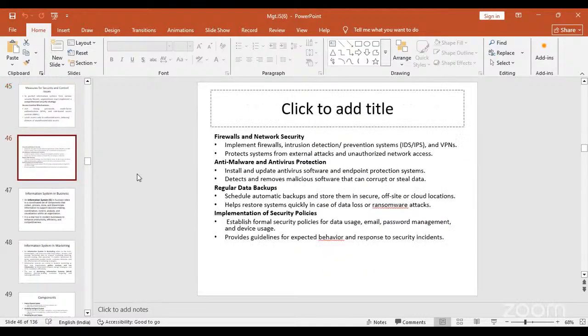Then other control mechanisms are there. Use firewalls or network security policies.